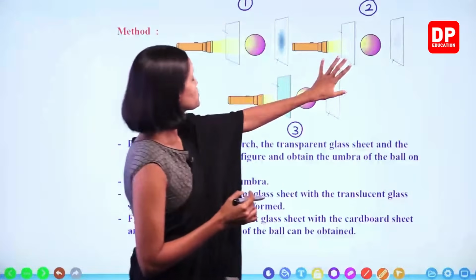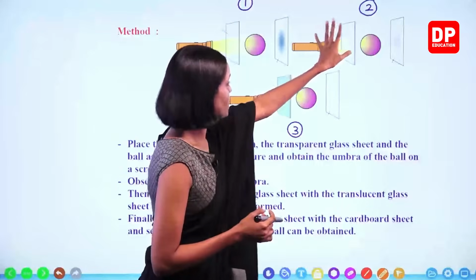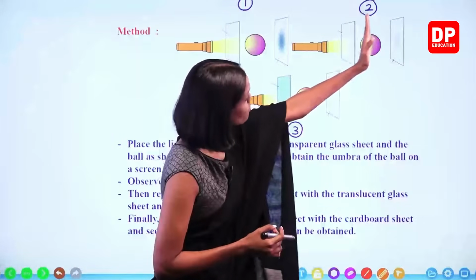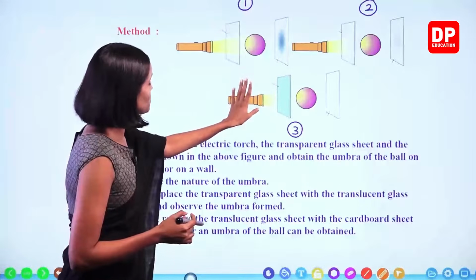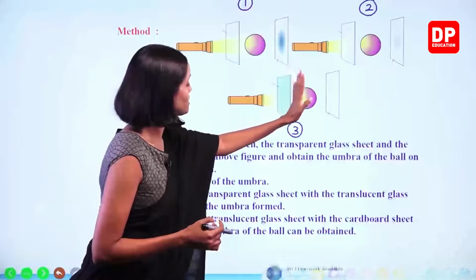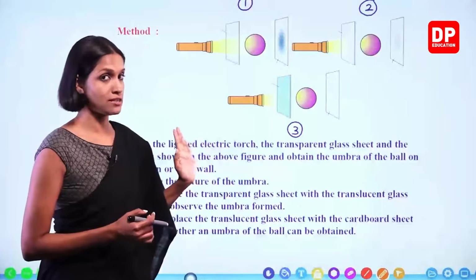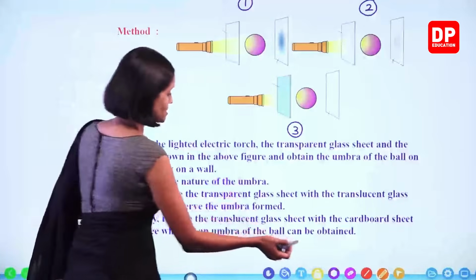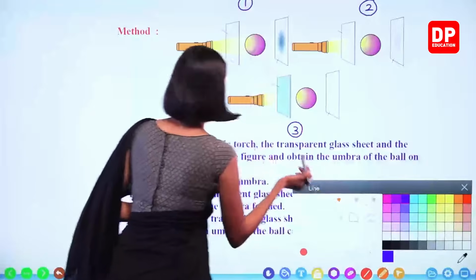So in the second picture, this is the translucent glass sheet in between the torch and the ball, and on the other side of the ball we can see the screen. Right. And this is the torch, and then finally in between the ball and the torch, we are going to place the cardboard sheet. Right? We will label these, children.